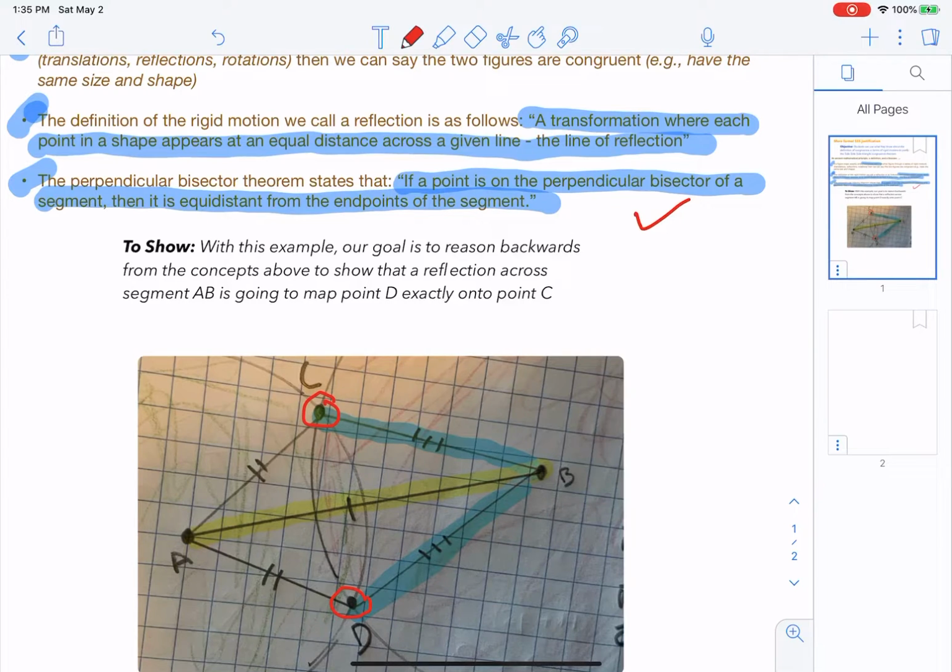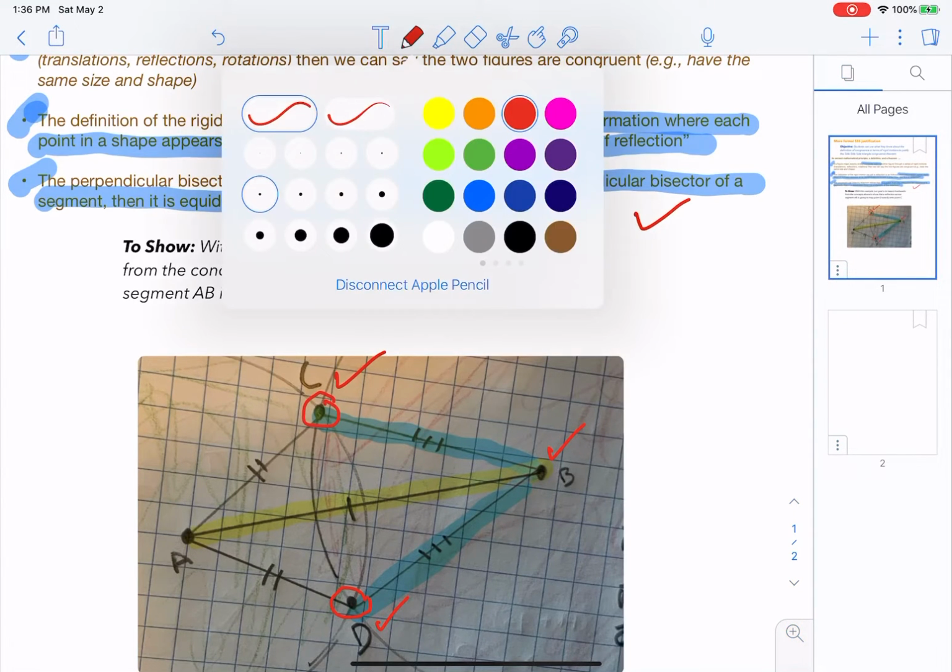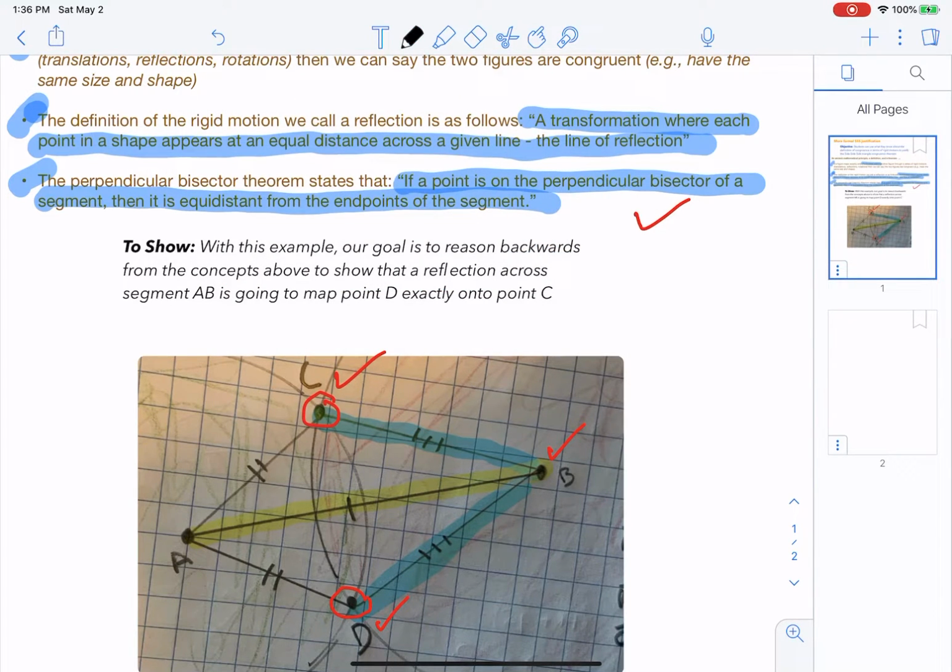You might notice that C here and D here are equidistant from B, which means that if we drew a line segment, I'm going to do this in black, between C and D right here, then by the converse of the perpendicular bisector theorem, point B has to be on the perpendicular bisector of the line segment CD.